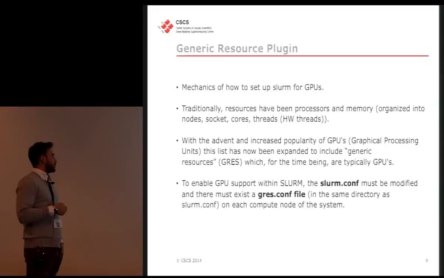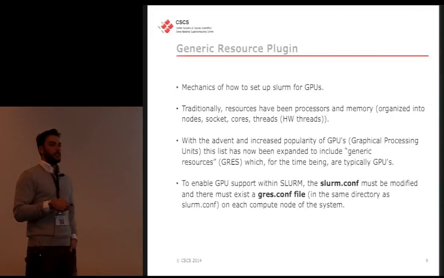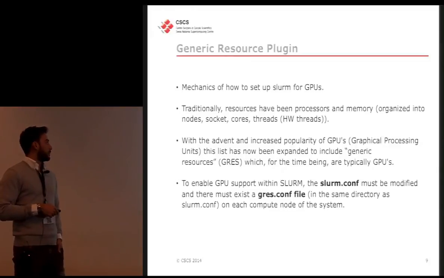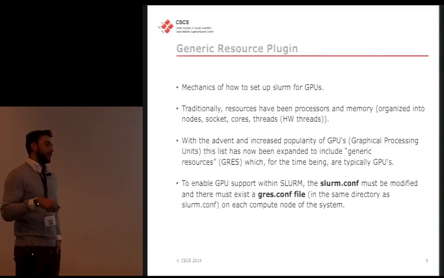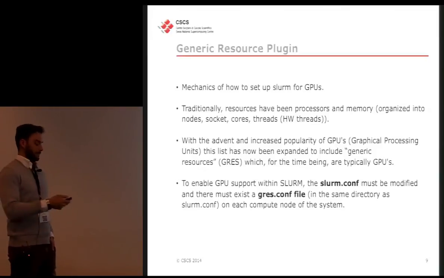To enable the GPU support, you just need to modify the slurm.conf, which is the main configuration file for SLURM, plus add a gres.conf file on every node that has a GPU.